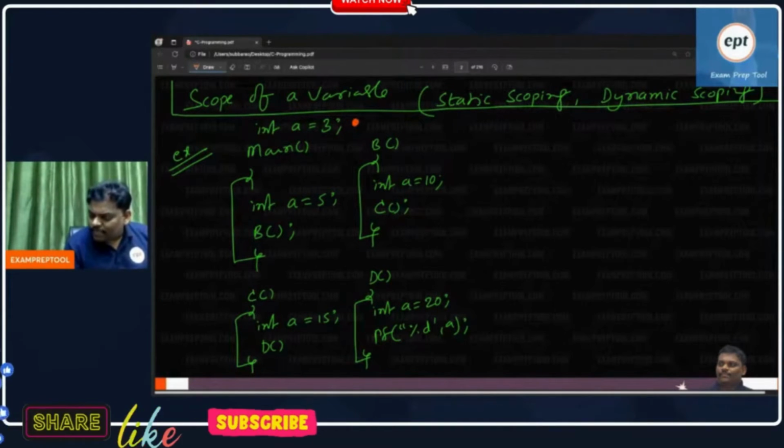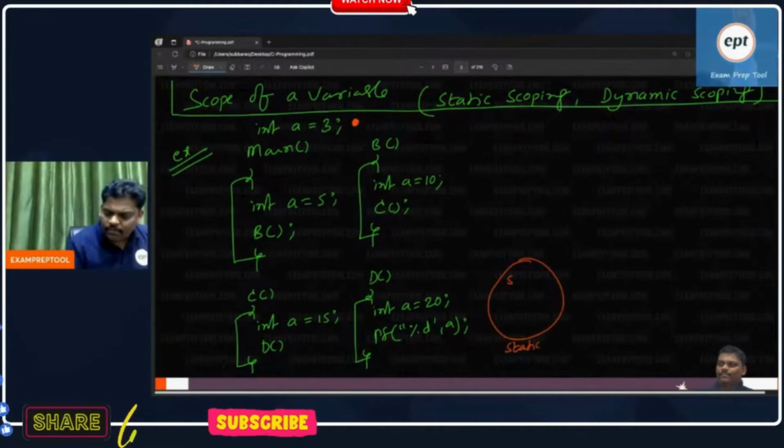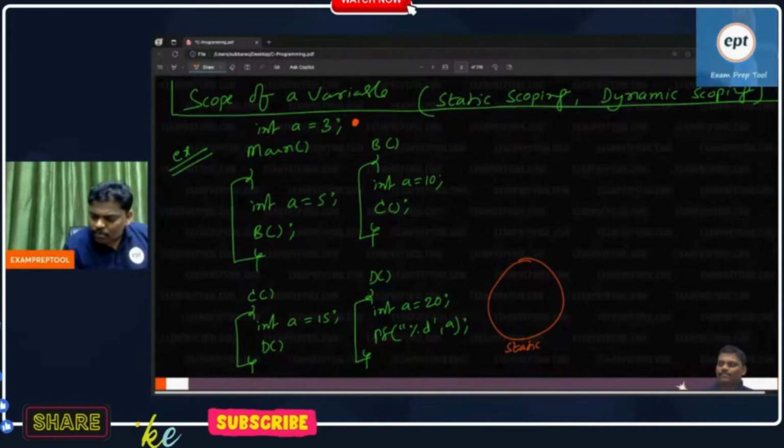In the static area. Observe everyone, this is the static area. Compile time itself, memory is allocated in the static area.